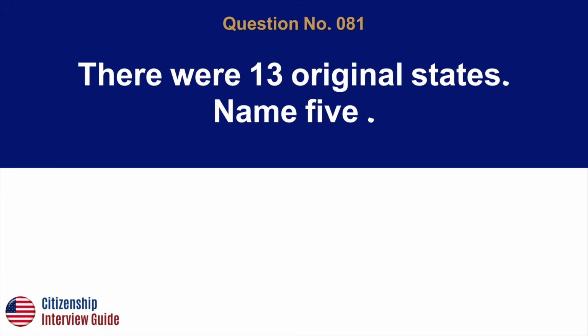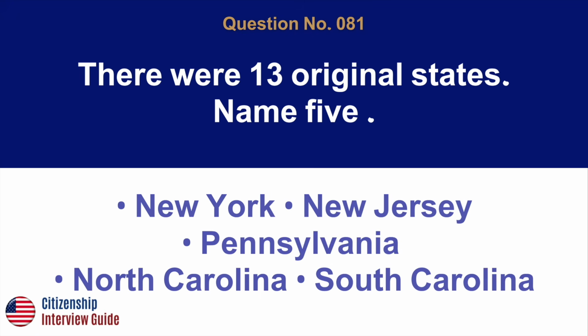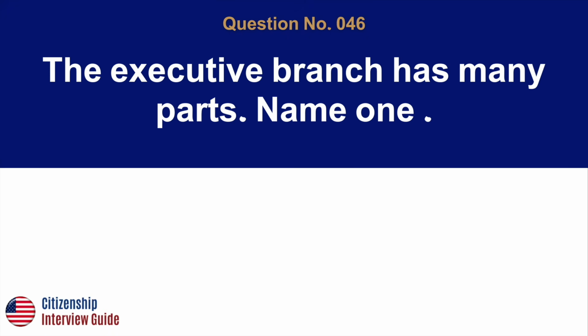There were 13 original states. Name 5. New York, New Jersey, Pennsylvania, North Carolina, South Carolina. The executive branch has many parts. Name one.